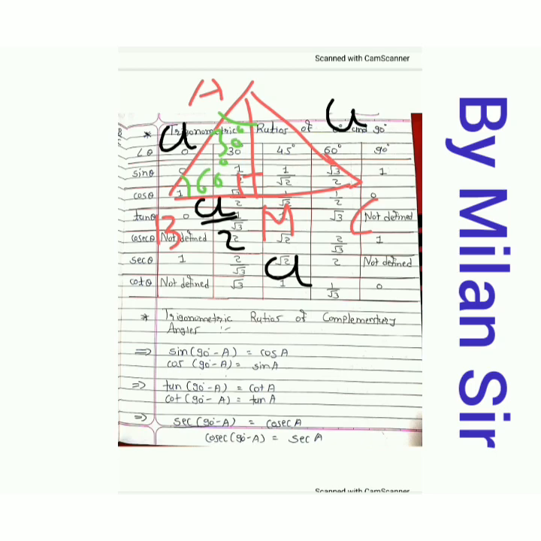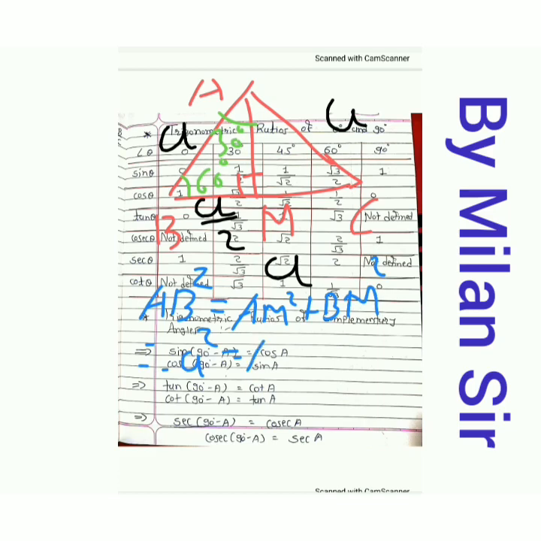Now find our third side AM by using the Pythagoras law. What is the Pythagoras law? Hypotenuse square is equal to the sum of squares of the other two sides, that means AB square equals AM square plus BM square. AB is a, so a square.